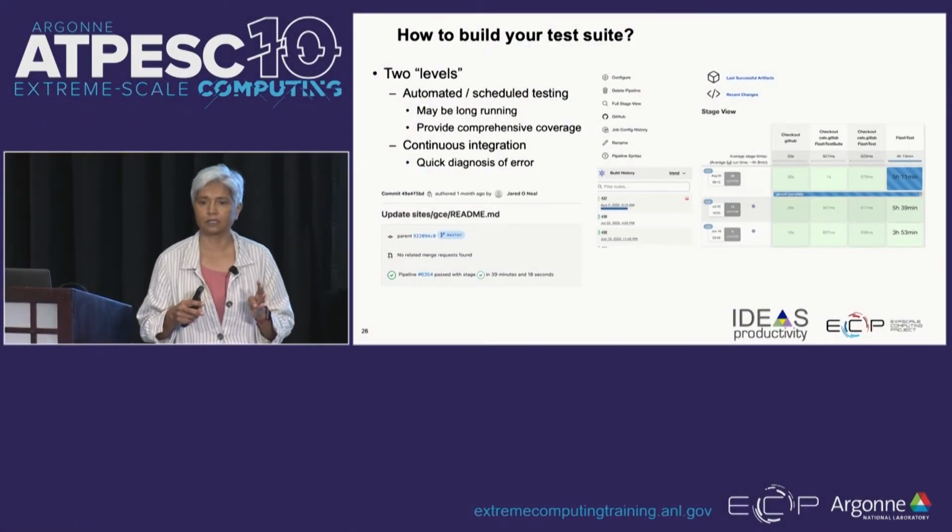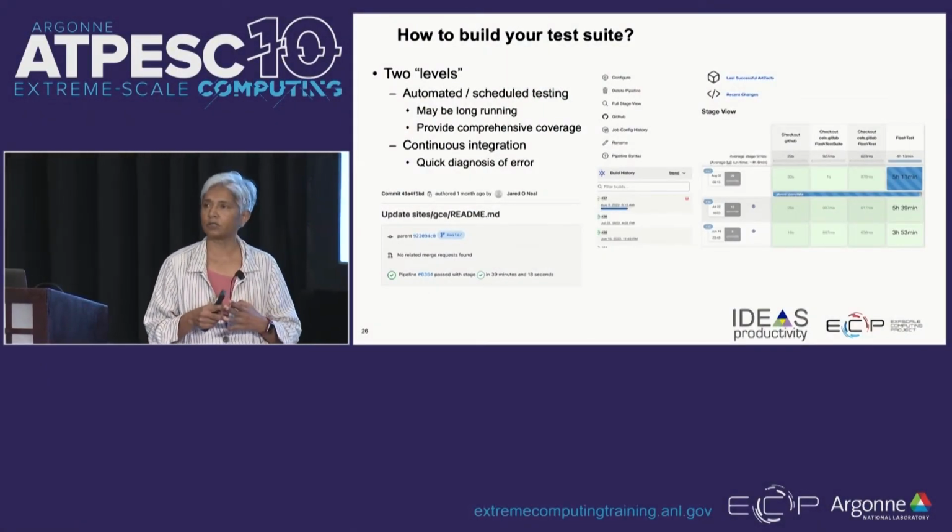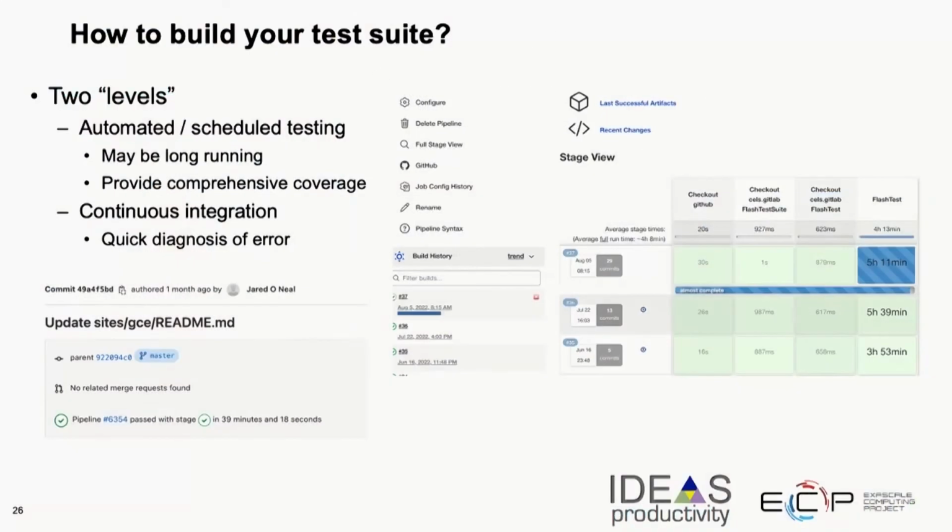So, we realized that for codes that are really big, we need two levels of testing. Both of them need to be automated, but one is much more scheduled testing and the other is continuous integration. Now, you have all heard about continuous integration, and continuous integration is great, because anytime there is a change to your code repository, depending on your policy, let us assume that the policy is always that a pull request is merged.